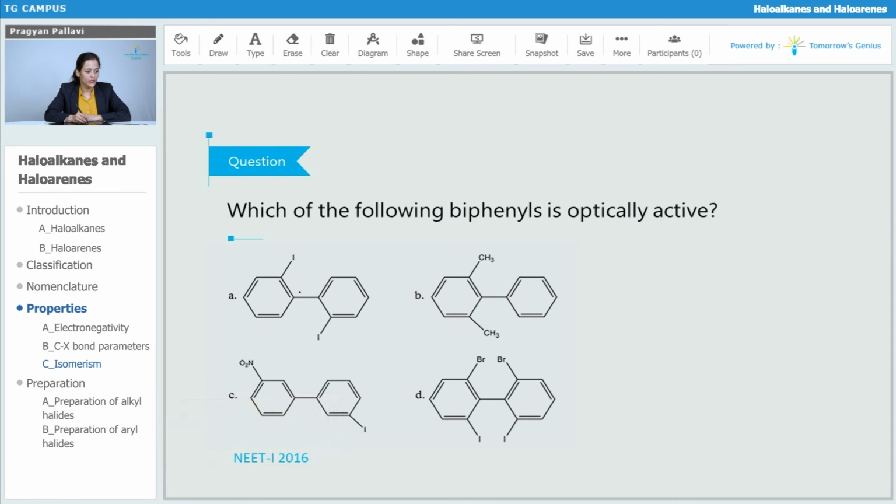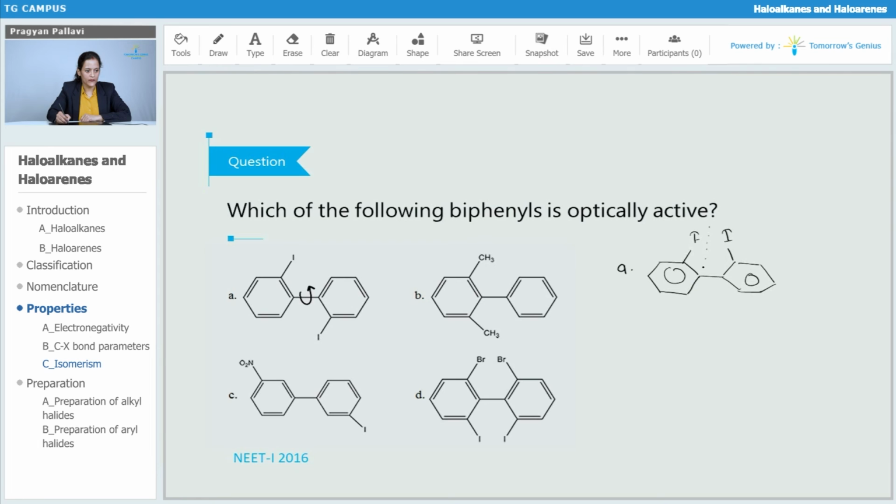This molecule can rotate through this bond, and with the rotation of this bond, this iodine will come here. So in option A, after rotation, this iodine can come to this side.